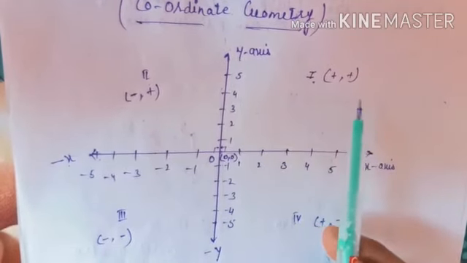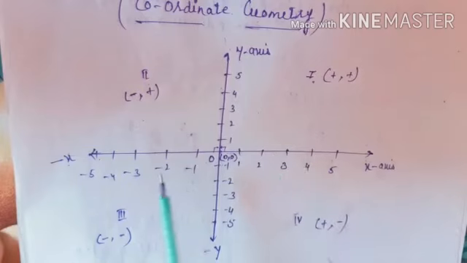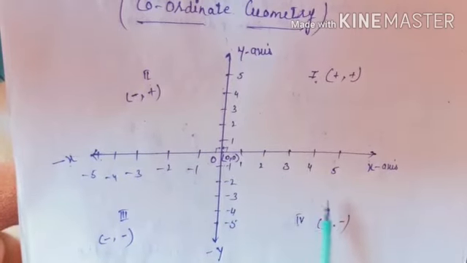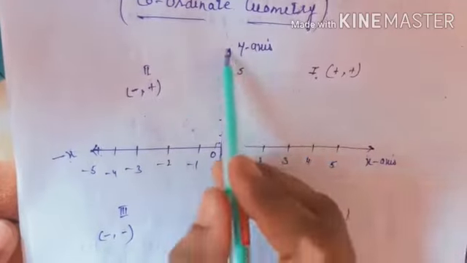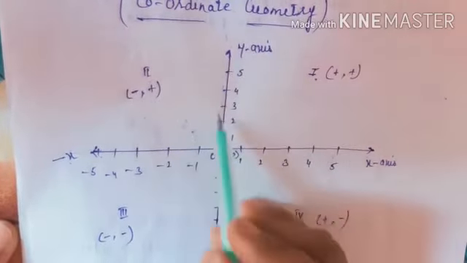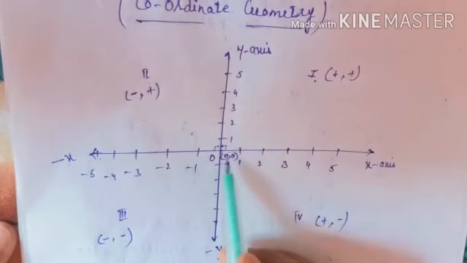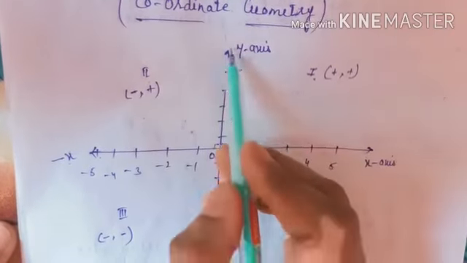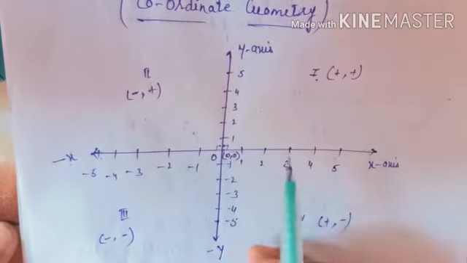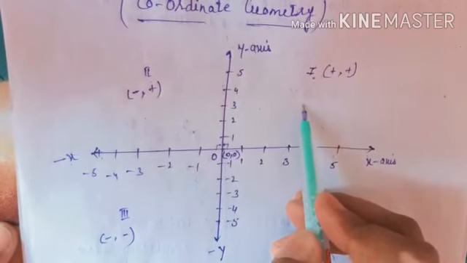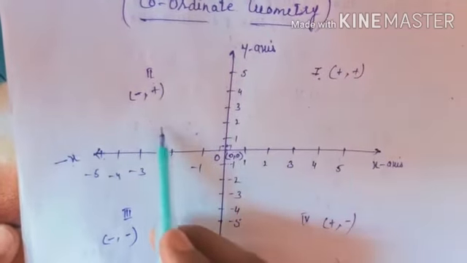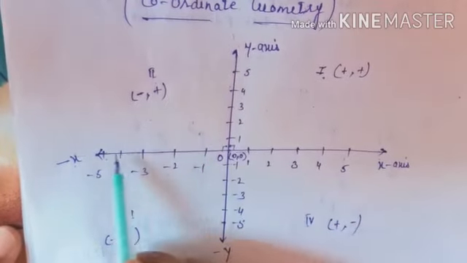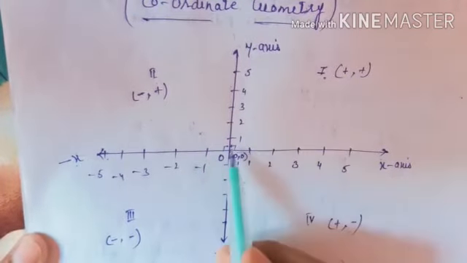Now how to remember in which quadrant which coordinate is positive and which is negative? In the first quadrant, the x-axis is positive and the y-axis is also positive. That's why in the first quadrant both coordinates are positive. In the second quadrant, the x-axis is negative and the y-axis is positive.